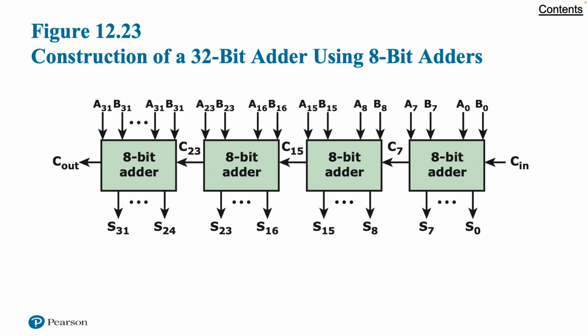This can be achieved with the approach known as carry look-ahead. Figure 1223 shows how a 32-bit adder can be constructed out of 4 8-bit adders. In this case, the carry must ripple through the 4 8-bit adders, but this will be substantially quicker than a ripple through 32 1-bit adders.